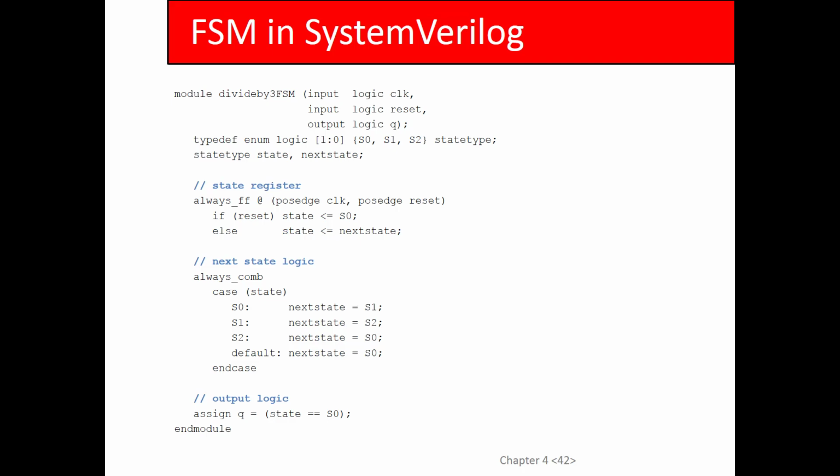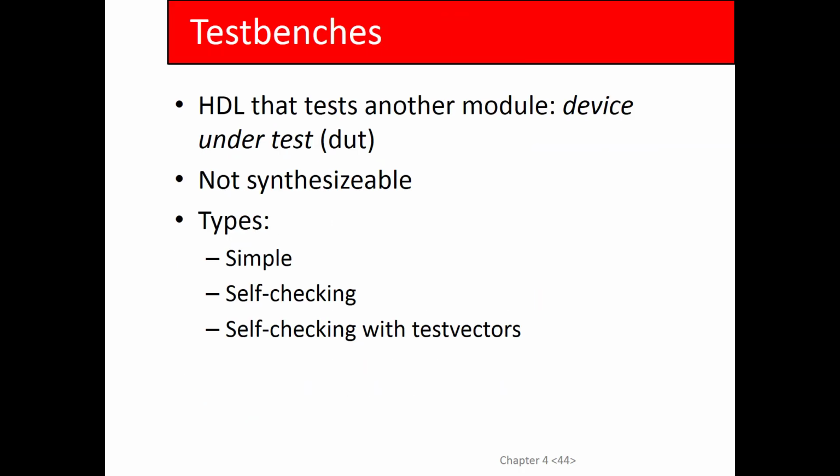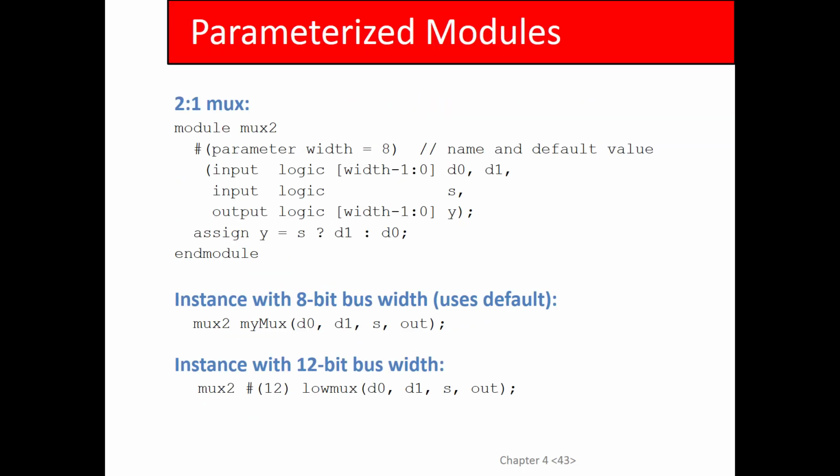And we talked about parameters. Parameters are useful when you want to be able to customize a module when you instantiate it, as opposed to when you're designing it. So in this case, I want to create a mux, but I want to be able to determine the width of the input ports and the output port for each mux that I instantiate.